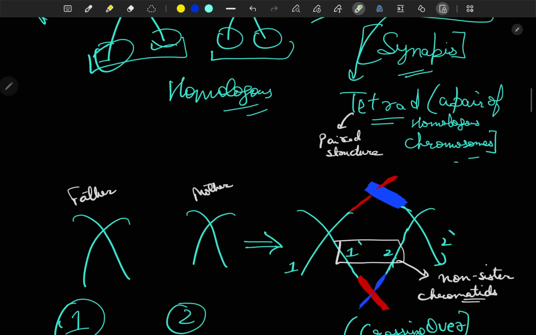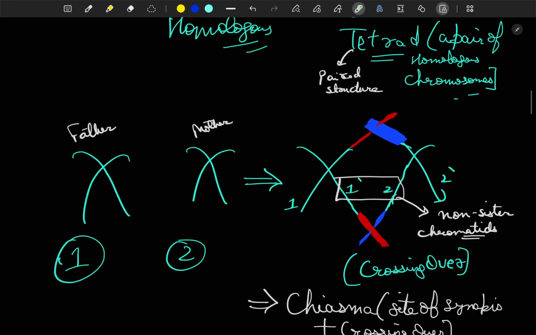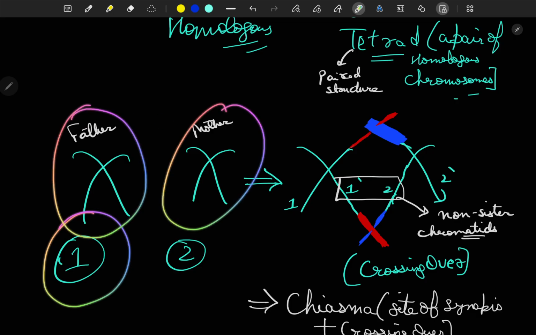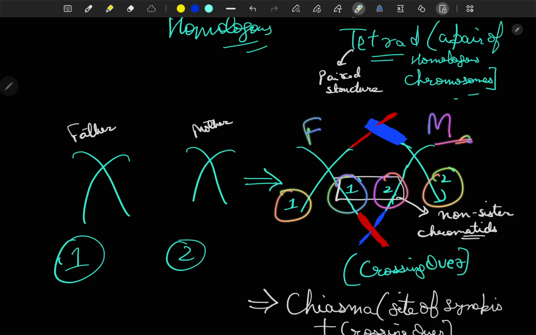Now let's talk about crossing over. Basically, this is a father chromosome and this is the mother. They're homologous. Let's name the sister chromatids: this one is 1, this is 1 dash, this is 2, this is 2 dash. 1 and 1 dash are from the father, 2 and 2 dash are from the mother.